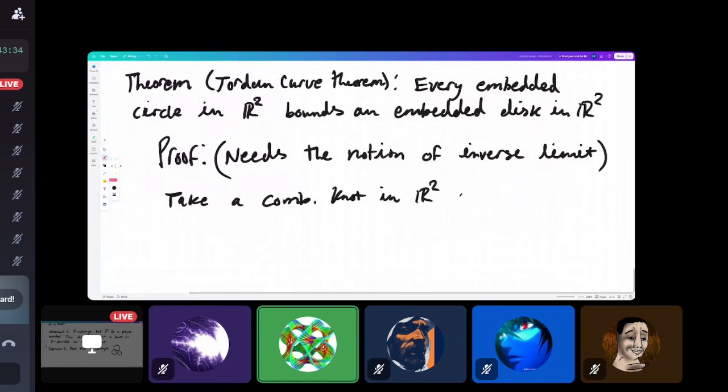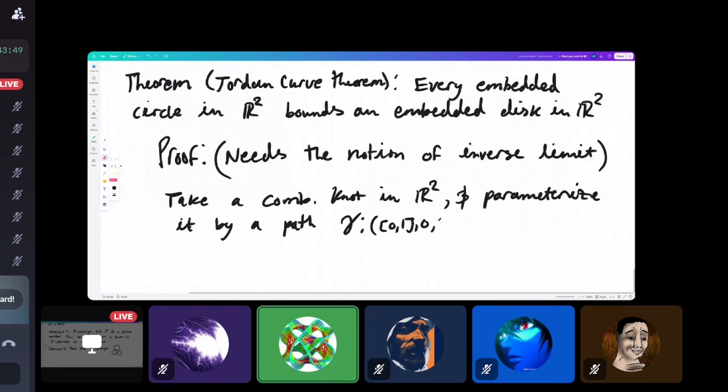And parameterize it by a path gamma going from [0, 1], sending 0 and 1 to k, the start and end point respectively. The start and end point are the same.